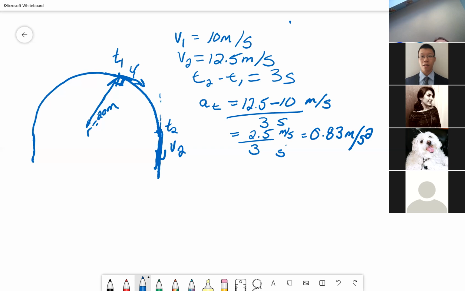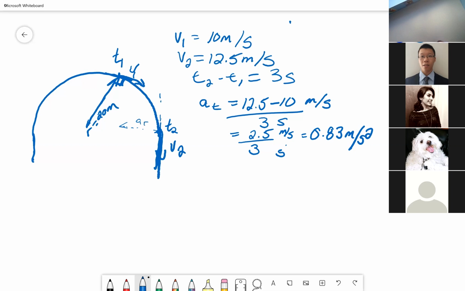But even if this speed skater was going around the curve at a constant speed, they would still have a radial acceleration at each point in time, because the radial acceleration is pointed towards the center of the circle.